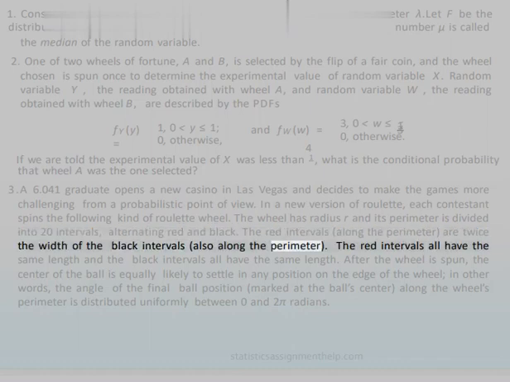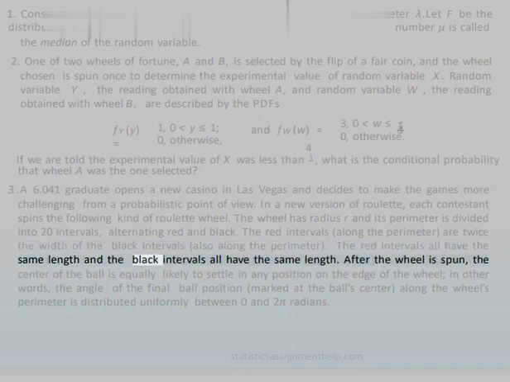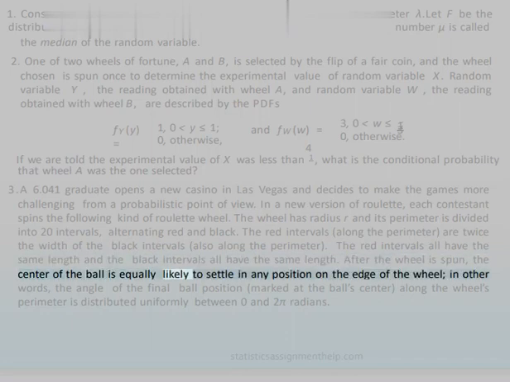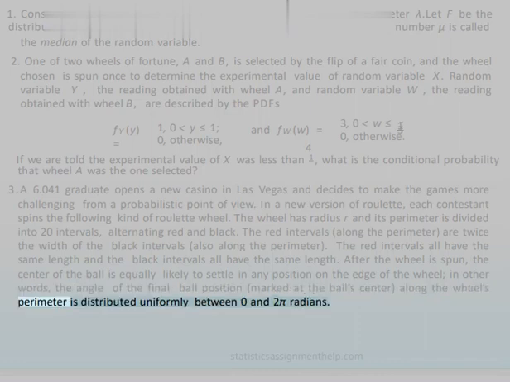The red intervals all have the same length, and the black intervals all have the same length. After the wheel is spun, the center of the ball is equally likely to settle in any position on the edge of the wheel. In other words, the angle of the final ball position, marked at the ball's center, along the wheel's perimeter is distributed uniformly between 0 and 2 pi radians.